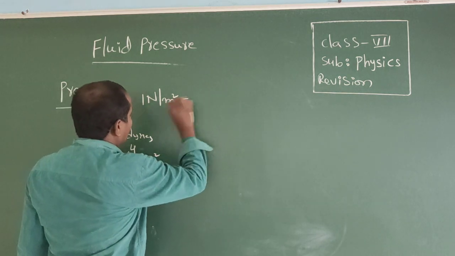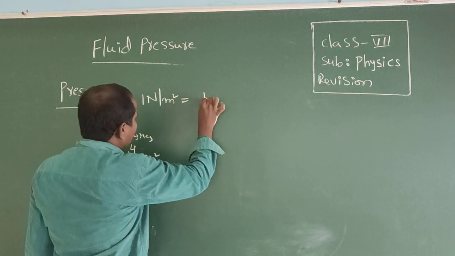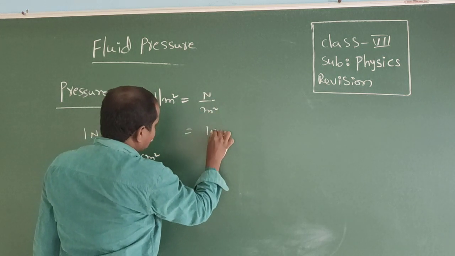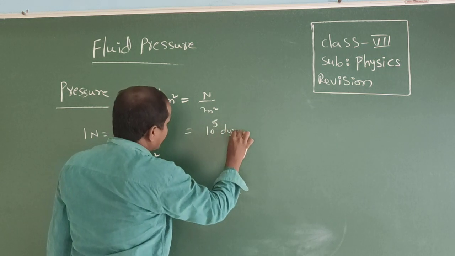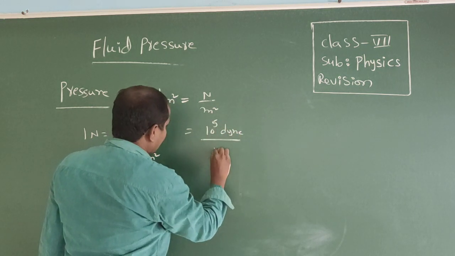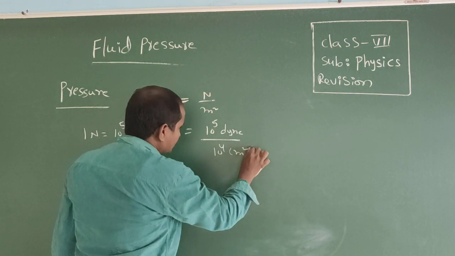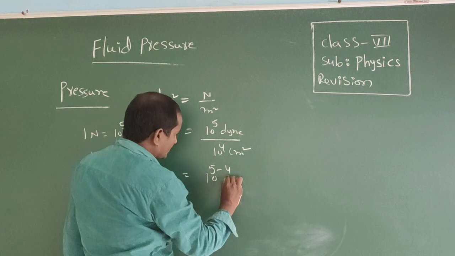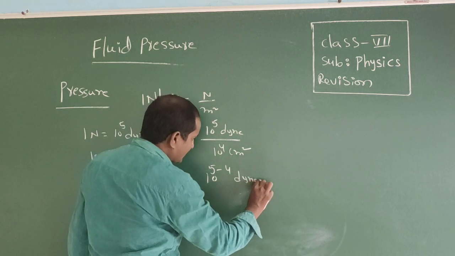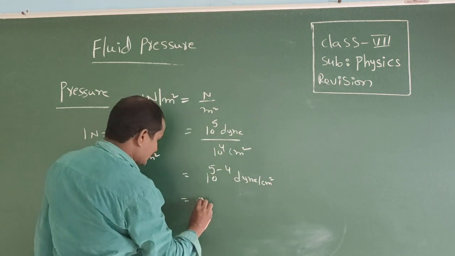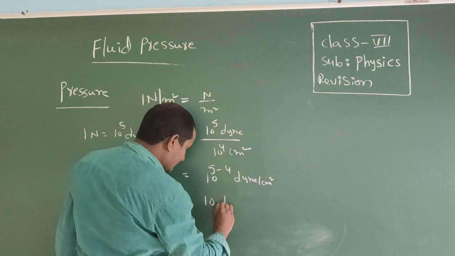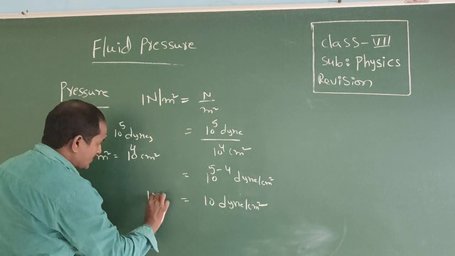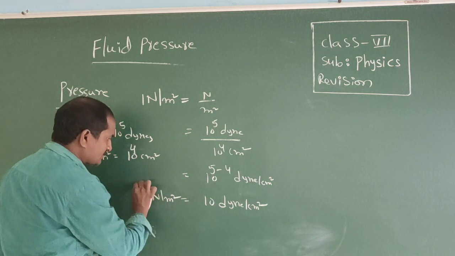So 1 Newton per meter square means 1 Newton by 1 meter square, that equals 10 power 5 divided by 10 power 4 centimeter square, that equals 10 power 5 minus 4 dyne per centimeter square, that equals 10 dyne per centimeter square.